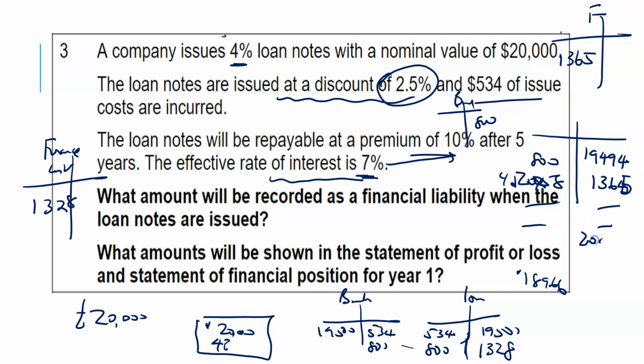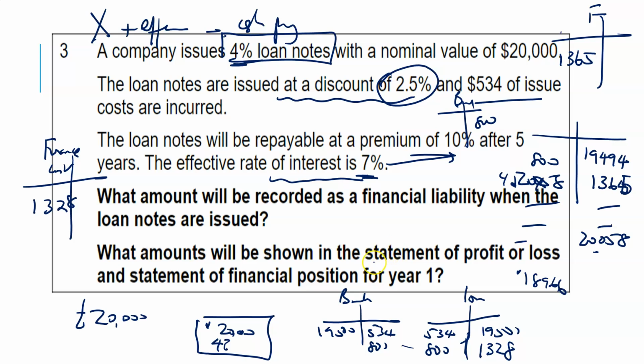I'll do exactly the same thing: find 7% of this, take off 800 and keep going. So you have your initial value, add on your effective interest rate, take off any cash payments. The cash payments are the standard 800, it's always next to the loan note. It's the coupon rate, the cash payment every single year.